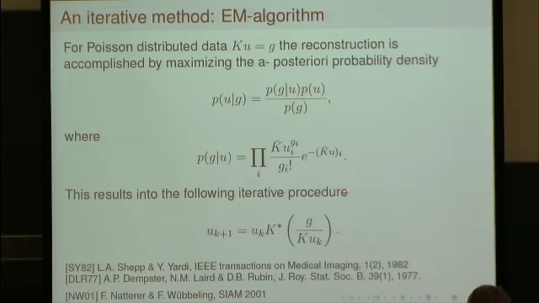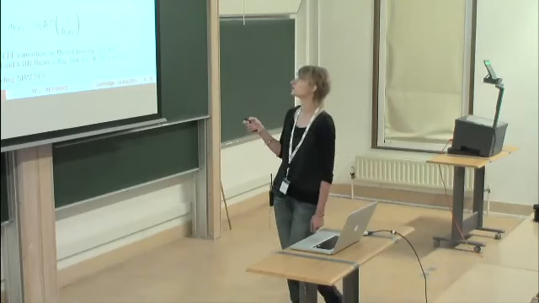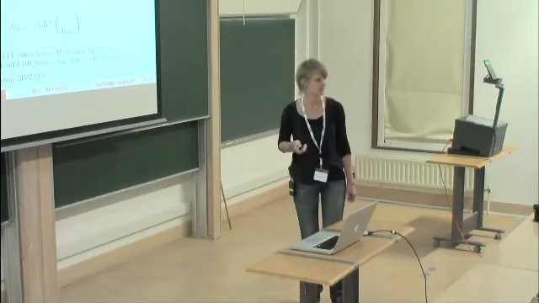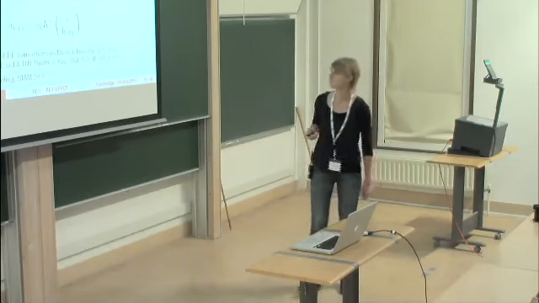Okay, so this is this distribution here. And you can solve this maximization of the a posteriori probability by an iterative procedure, which is called the expectation maximization algorithm. Okay.